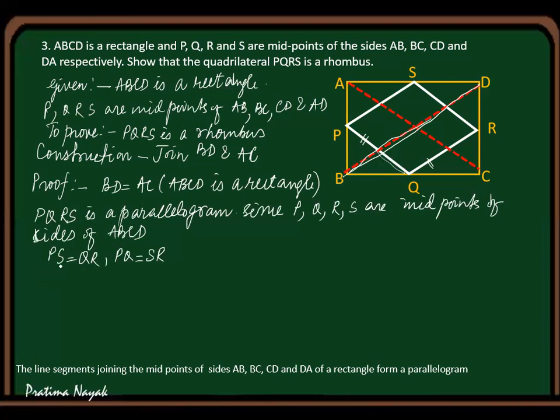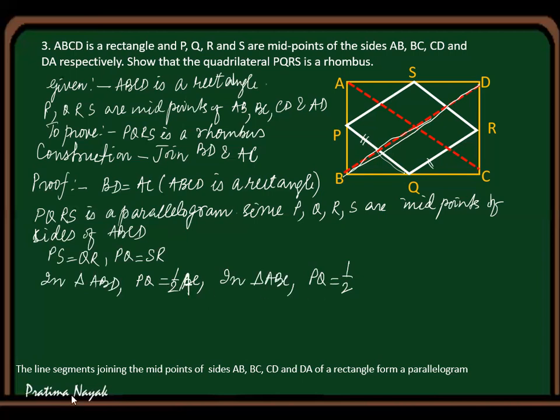Now in triangle ABD, PS is half of BD. And in triangle ABC, PQ is half of AC.